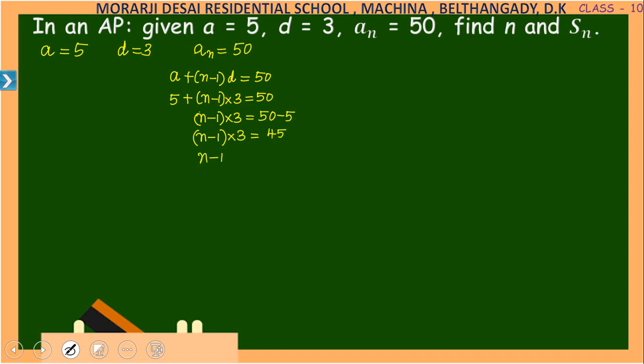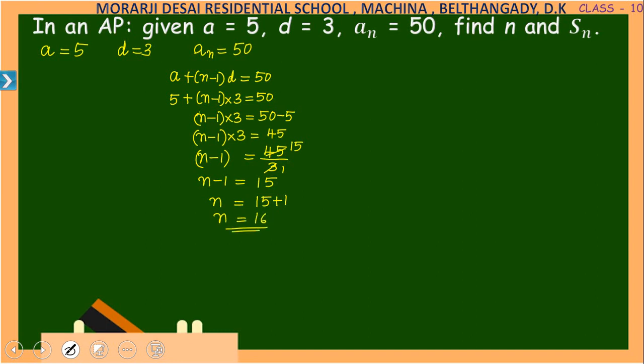So n minus 1 is equal to 45 by 3. So n minus 1 is equal to, 3 1s are 3, 3 5s are 15, that is 15. Therefore n is equal to 15 plus 1, that is n is equal to 16.